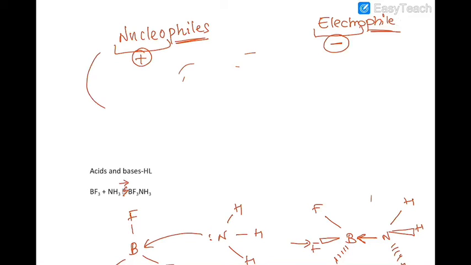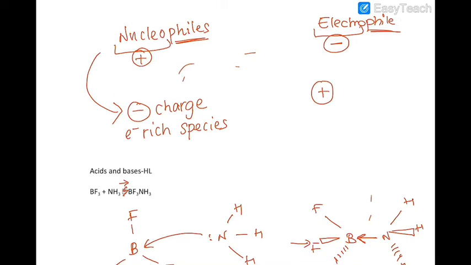Nucleophiles are anything that has a negative charge or a region rich in negative charge, which is attracted towards the nucleus or positively charged particles. Electrophiles are usually positively charged particles, and these are going to attract nucleophiles.